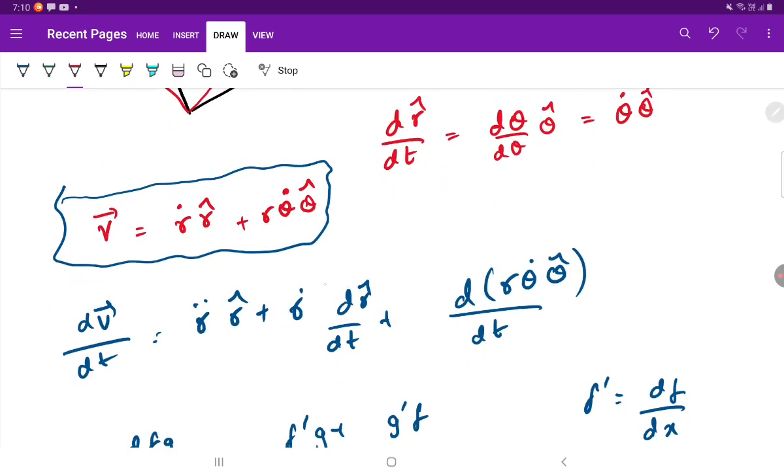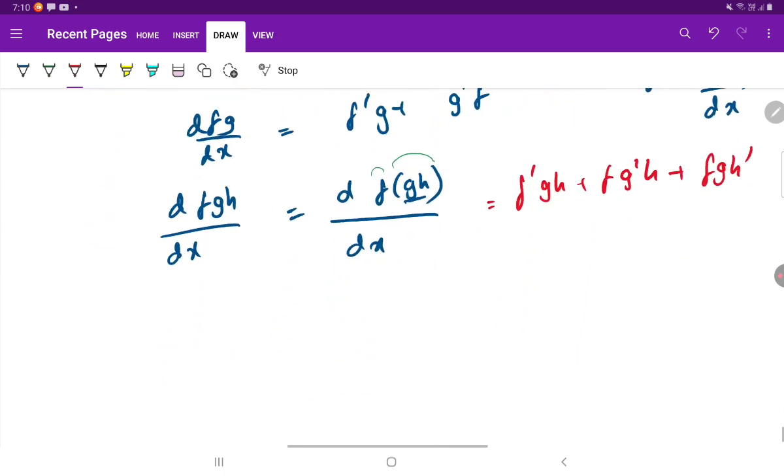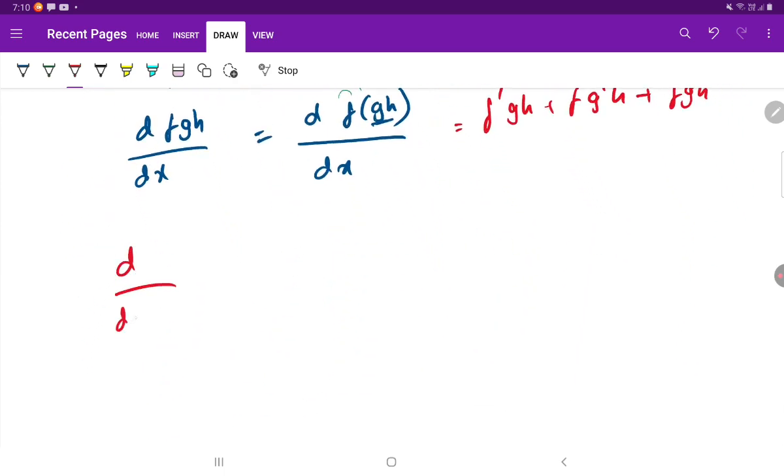Now, before proceeding, let's write dr cap by dt, which will come out to be theta dot theta cap. And finally, opening this d by dt of r theta dot theta cap, we will get r dot theta cap plus r theta double dot. So theta double dot is again the same thing I explained previously, that is the derivative of the magnitude of theta dot.